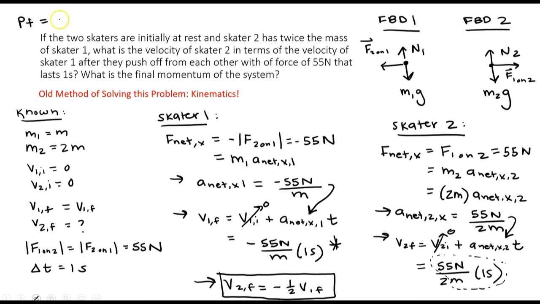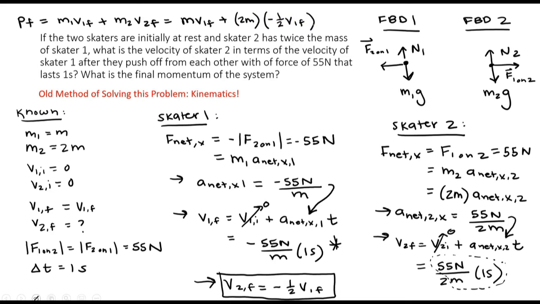So that's M1 times V1 final plus M2 V2 final. That's just M times V1 final plus M2, which remember is 2M, times V2 final, which is minus 1/2 V1 final.